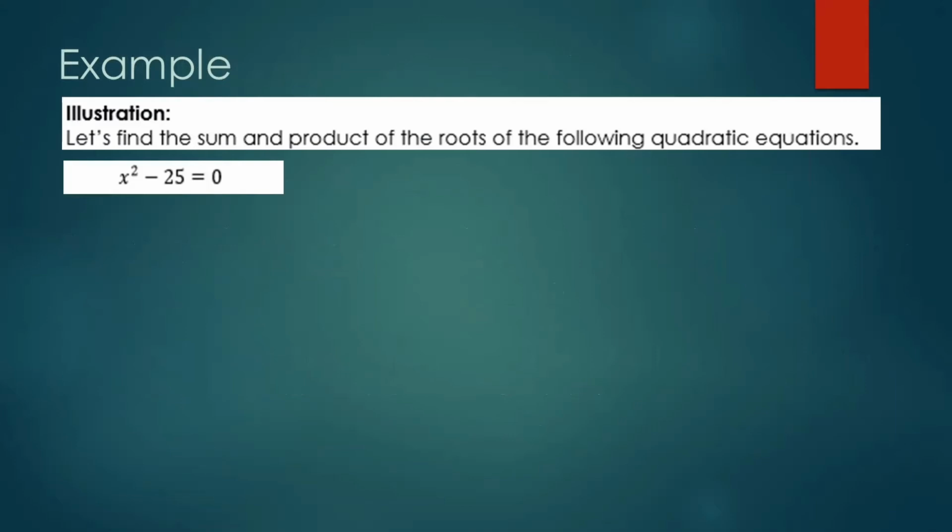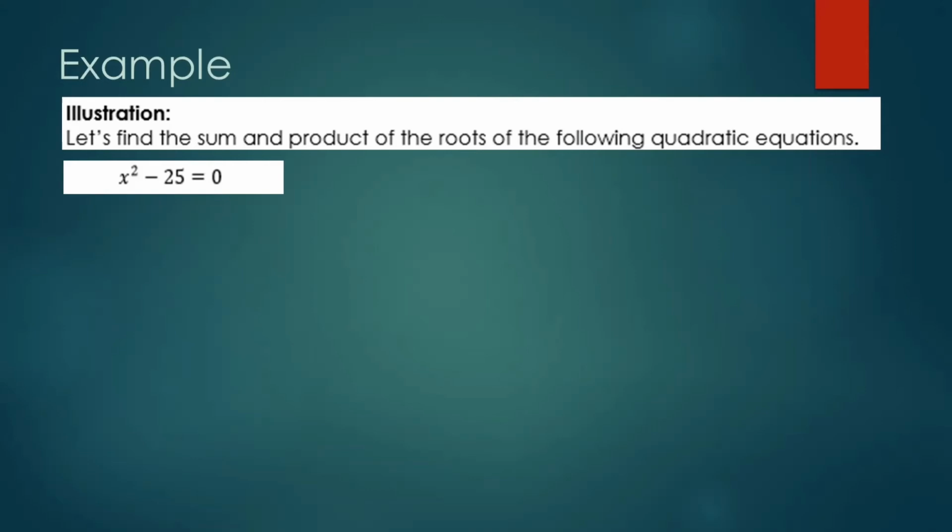So, if we are going to use the 4 ways to get the roots and to find the sum and the product of the roots, mahaba siya. It is a long method. So you are going to use the 4 ways to solve the quadratic equation. So that is factoring, extracting the square root, or we can have the quadratic formula.